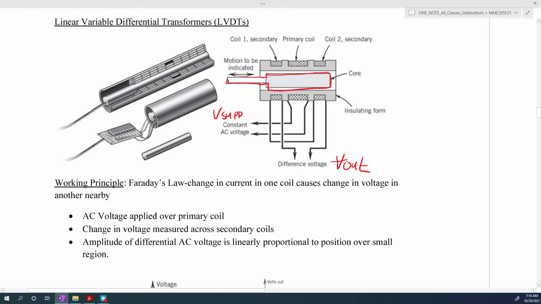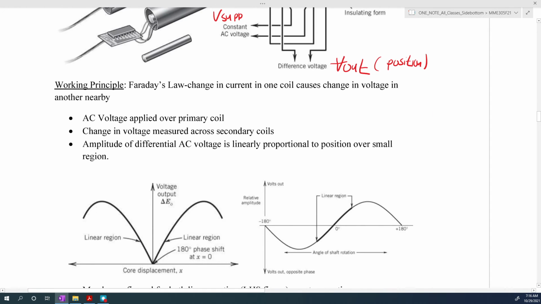That output voltage is proportional to the position of the core within that cylinder. For both, there are linear examples of this, and there are rotary examples.